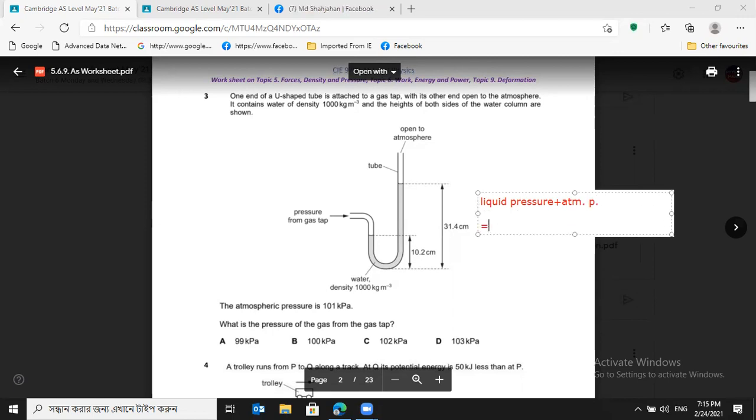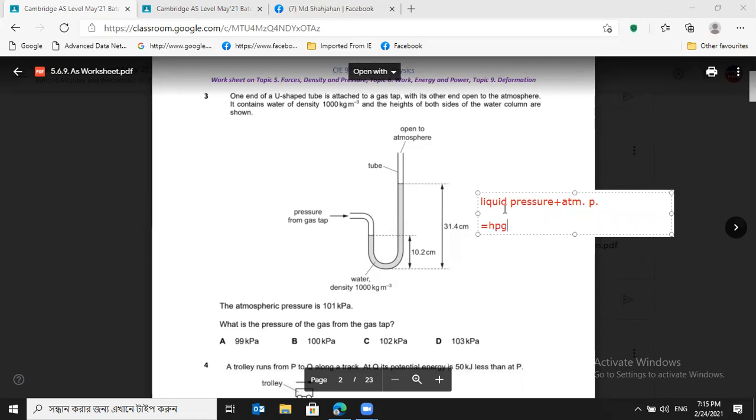That one is H rho g, where H is 31.4 minus 10.2, into 10 to the power minus 2, multiplied by 1000, multiplied by 9.81, which is the gravitational field strength.